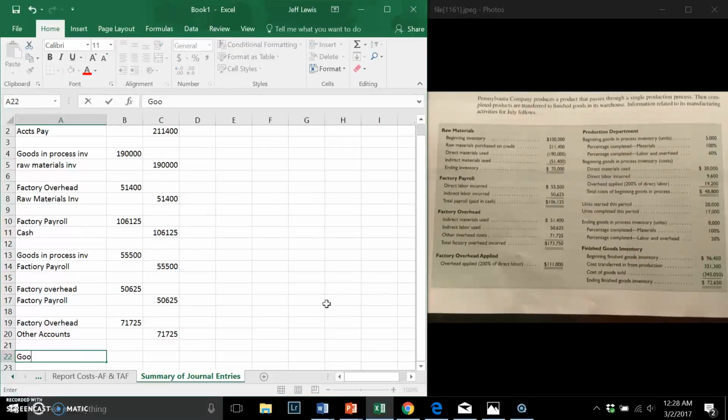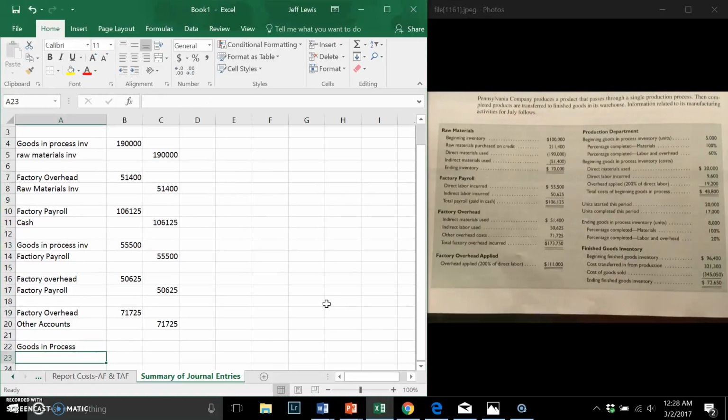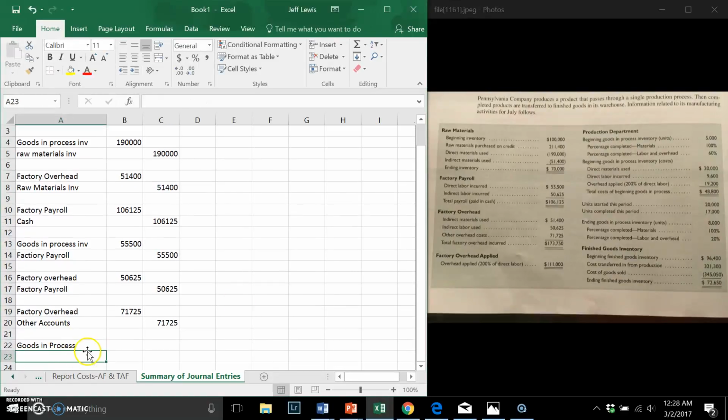Then we're going to do goods in process inventory, and we're going to have factory overhead for the record of the application of overhead.